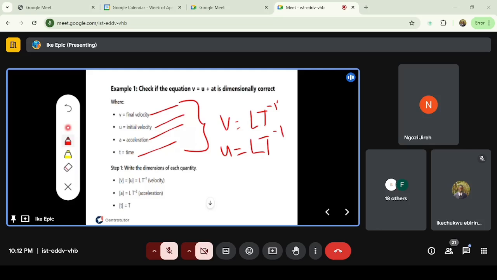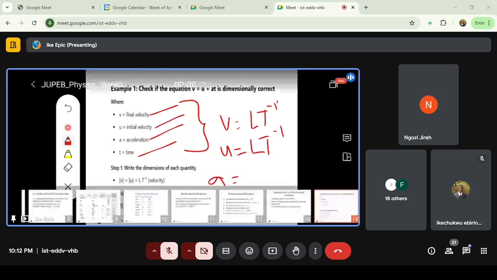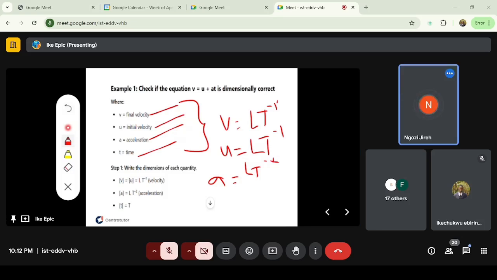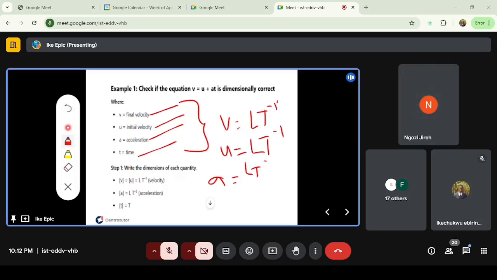Then the dimension for acceleration: acceleration is velocity over time, that is LT raised to the power minus 1 divided by time, making it LT raised to the power minus 2. That is a constant dimension; acceleration would always be LT raised to the power minus 2. Then time is always T.